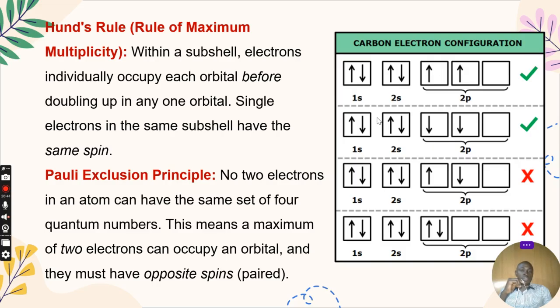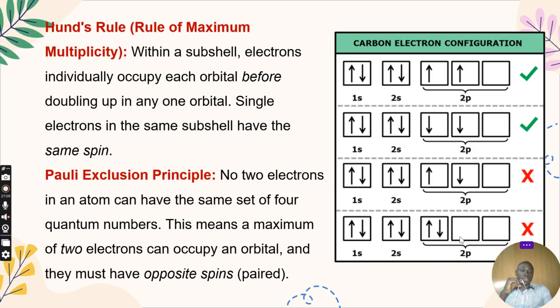So it is either this way or this way. You can use this convention. The opposite direction can be in this way, but not this way. So you cannot have one spinning in this direction and one spinning in the opposite direction. No, they all occupy singly with the same spins before pairing up takes place.